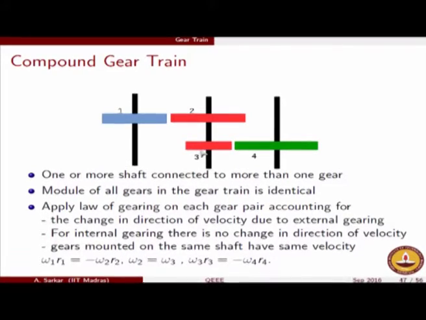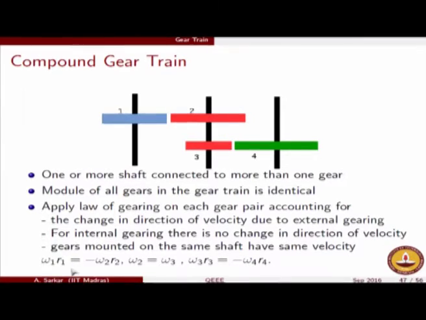And now we also realize that omega 3 r3 must be equal to minus omega 4 r4, because they are also meshing, for the same reason that this is a gear pair, as was the gear pair between 1 and 2. But now 2 and 3 are mounted on the same shaft, which means omega 2 must be equal to omega 3.